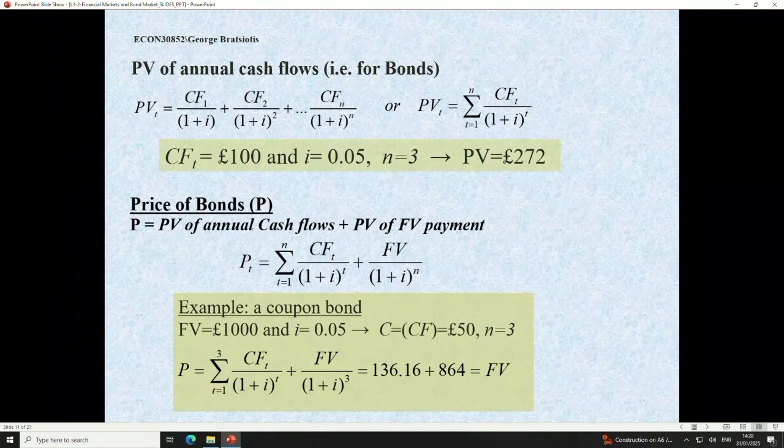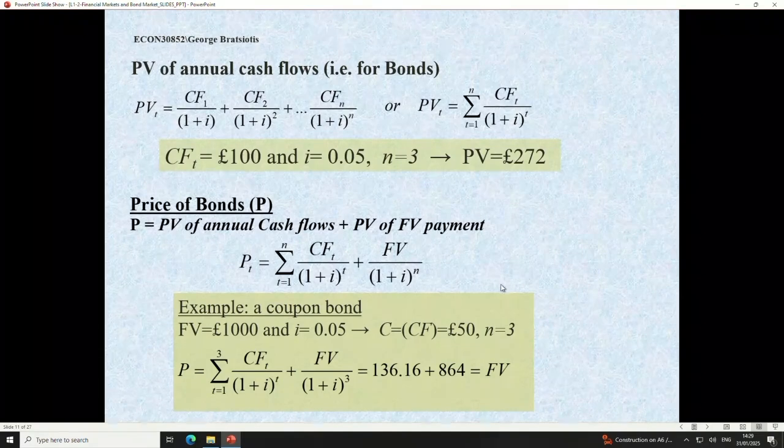Why? Because with bonds, you will also receive your initial capital back, right? You will receive the money back.